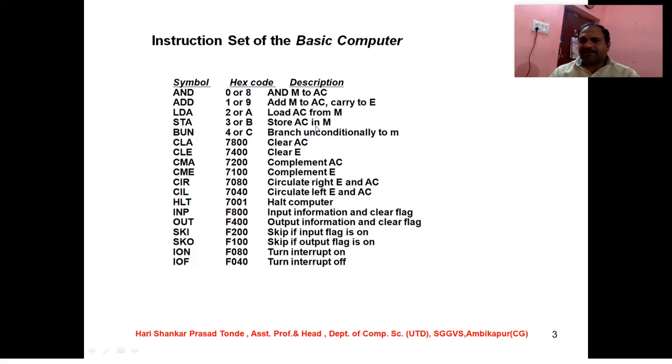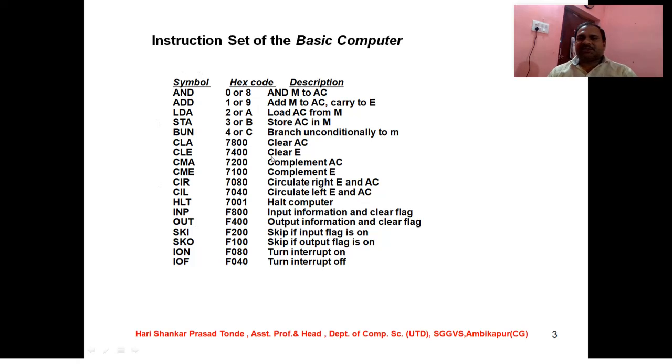STA: store AC in memory. BUN: branch unconditionally to M. CLA: clear AC. CLE: clear E. CMA: complement AC, AC again meaning accumulator. CME: complement E. CIR: circulate right E and AC. CIL: circulate left E and AC. HLT: halt the computer. INP: input information and clear flag. OUT: output information and clear flag. SKI: skip if input flag is on. SKO: skip if output flag is on. ION: turn interrupt on. IOF: turn interrupt off.